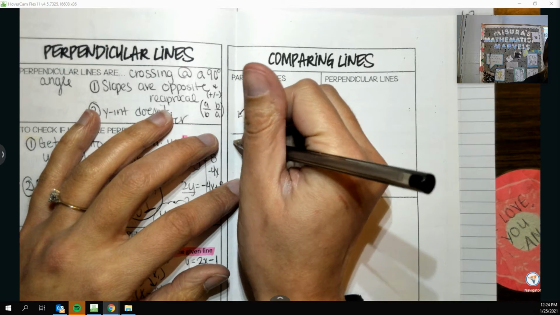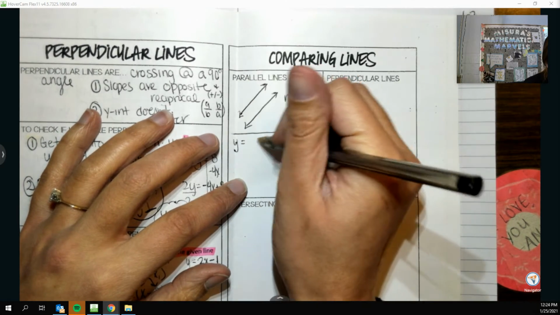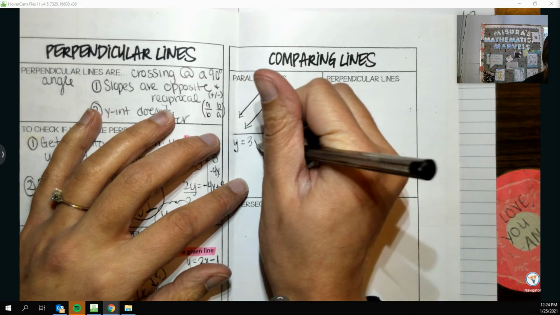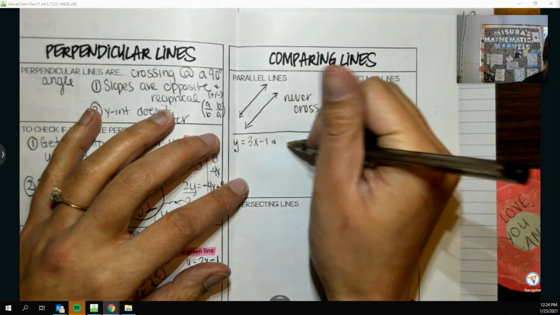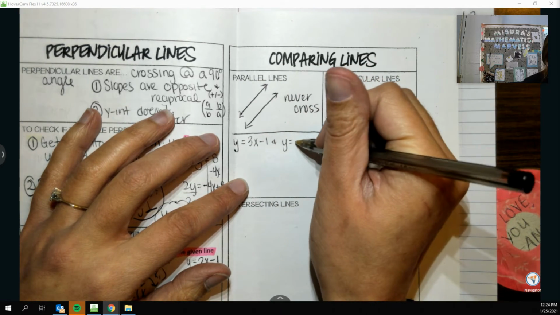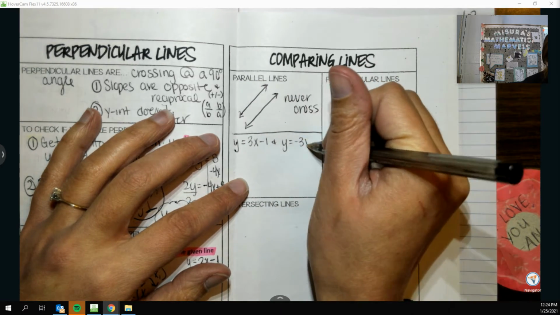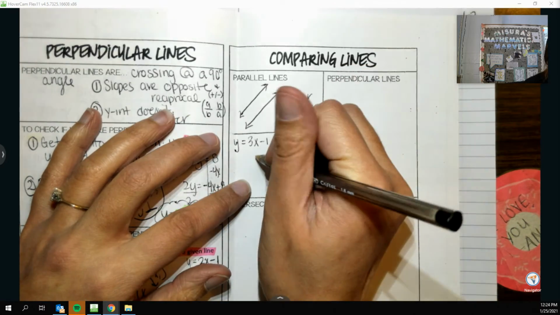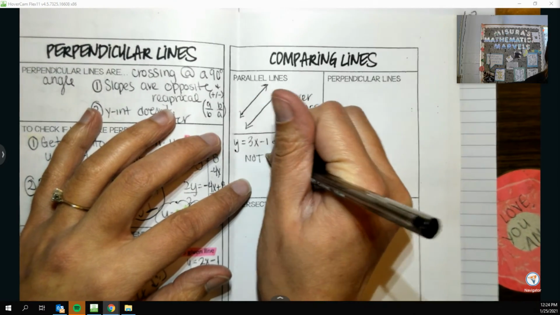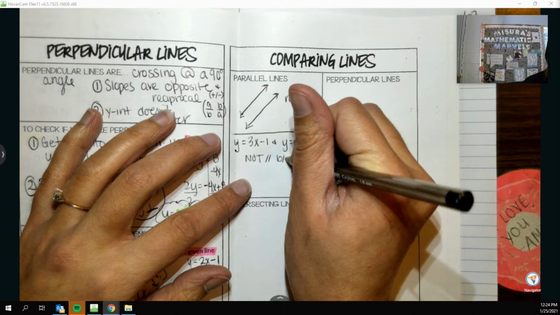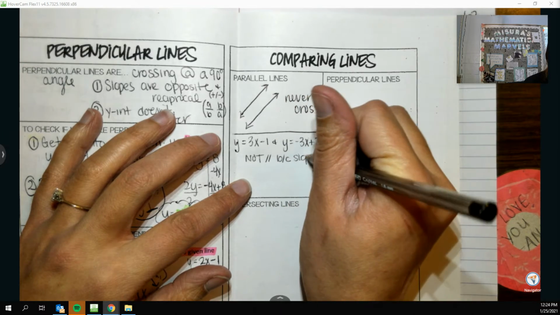So if they give me a line, y equals 3x minus 1, and y equals negative 3x plus 2, those are not parallel because the slopes are different.